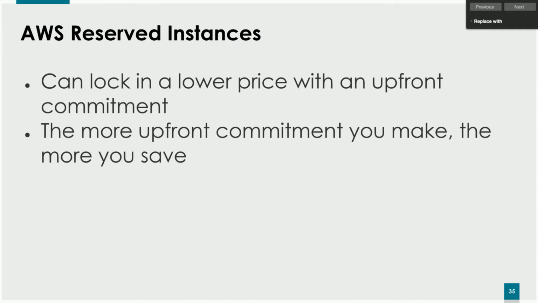And for that, you get a discounted, or variable discounted, rate on the hourly instance cost. So you can get up to like 60 or 70% off of the cost by putting up some upfront money. But to do this, you really have to quantify, plan out and forecast what you're going to do, right?